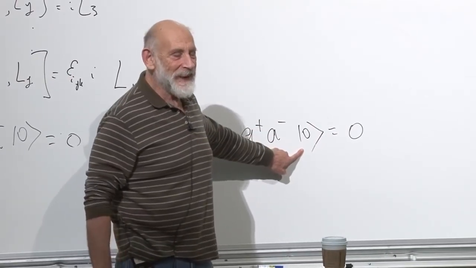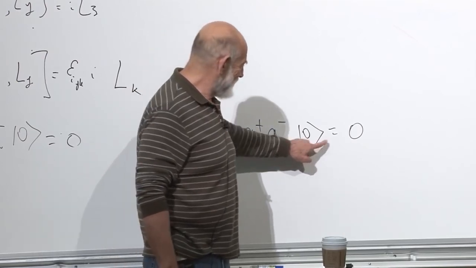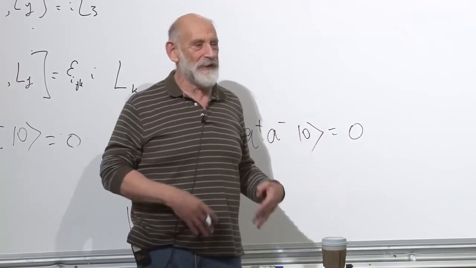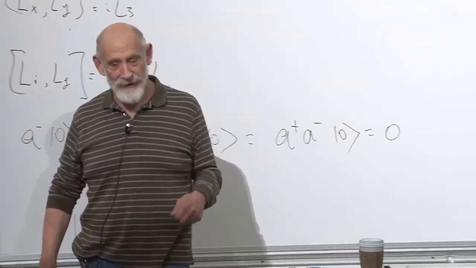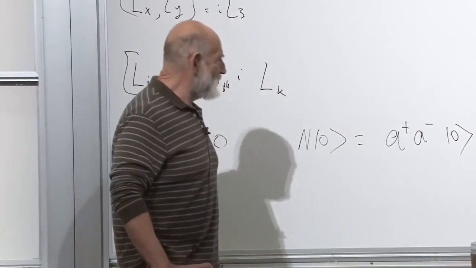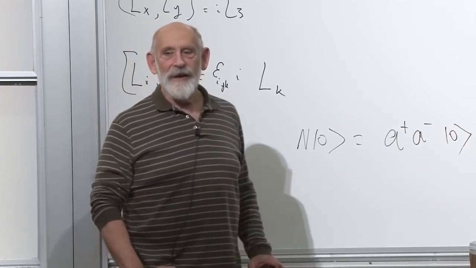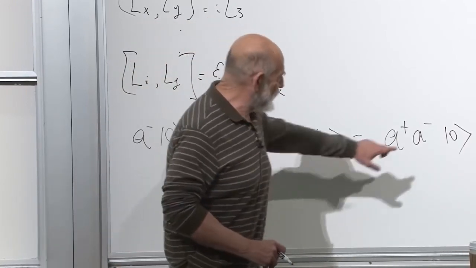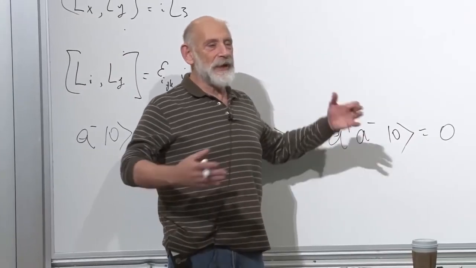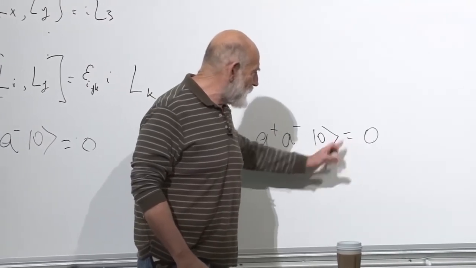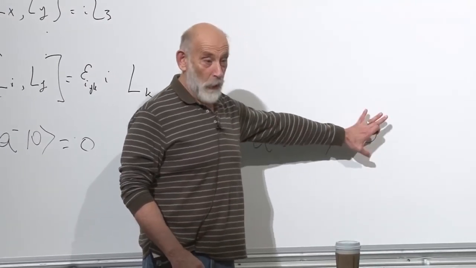0 times anything is 0, so you can write the zero vector on the left-hand and right-hand side. Thank you. But you must not call it this vector. Whatever name you give it, you've got to give it some. And the tradition is just not to write it as a vector, but just to call it 0.